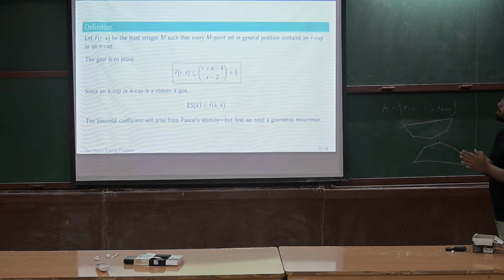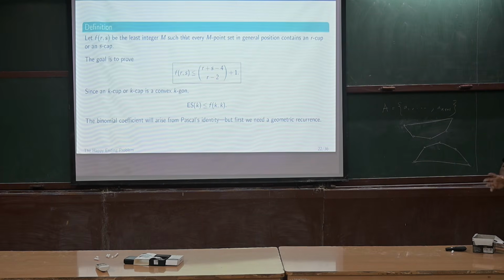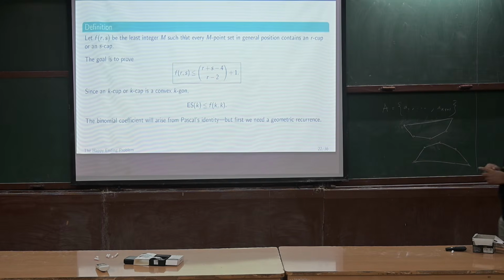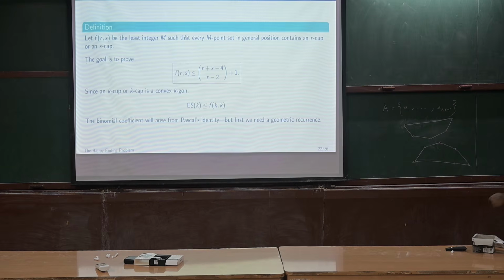So now the upper bound part. I think you all will get this, that if you can give an upper bound on any function, then it means that it is finite. So let f of r comma s be the least integer m such that every m point set in this non-collinear arrangement contains an r cup or an s cap.